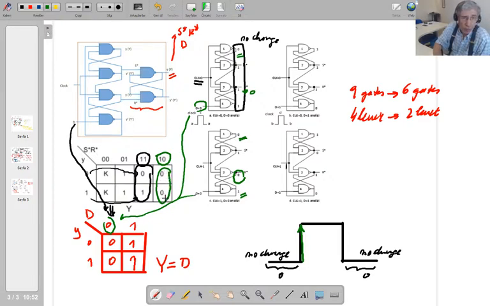As I said already, this output here is the output of the S star R star fundamental memory element, but at the same time is the output of the D-type memory element. So it is going to be this, isn't it? That means my D-type memory element worked on this edge according to the definition relation of the D-type memory element.